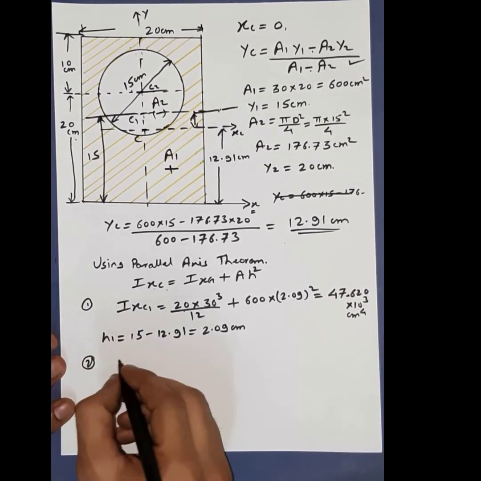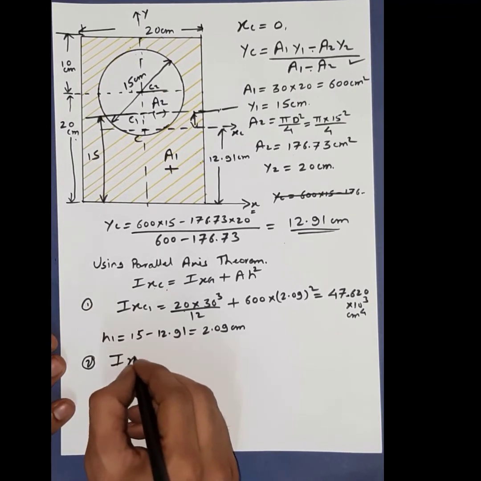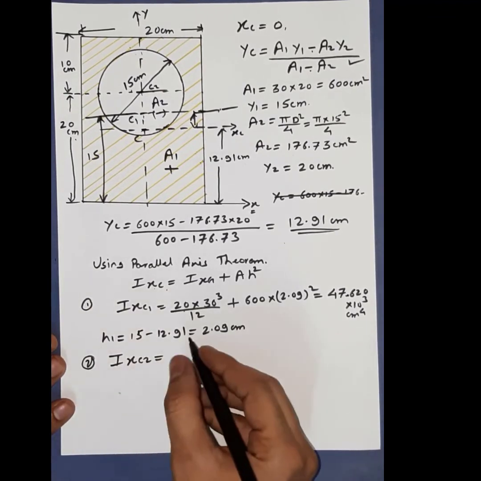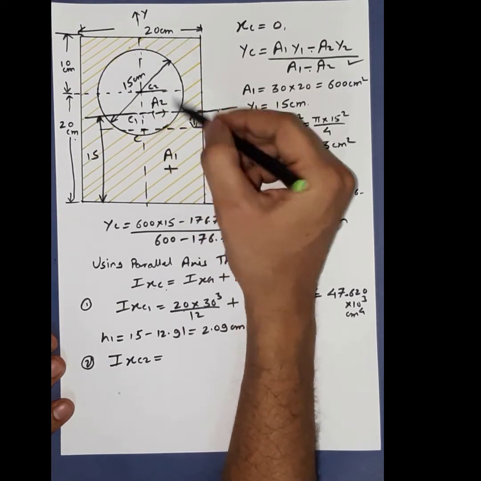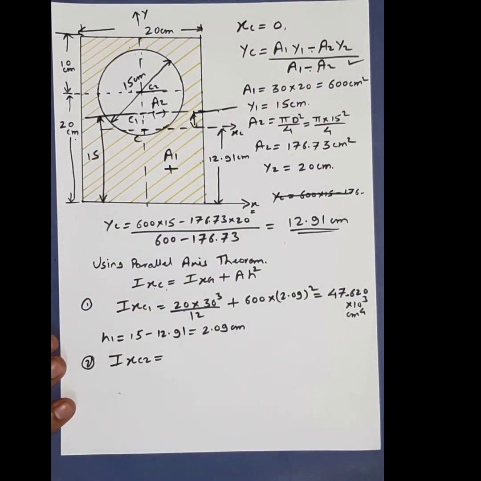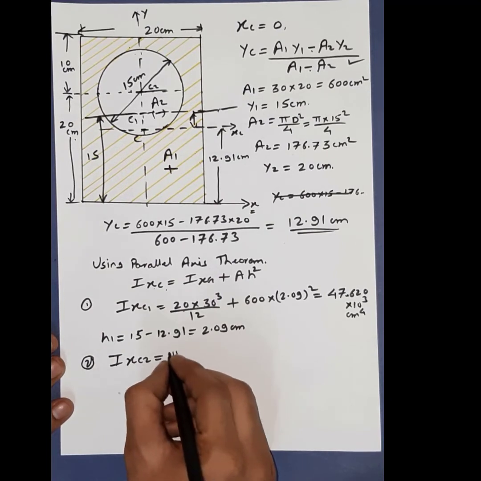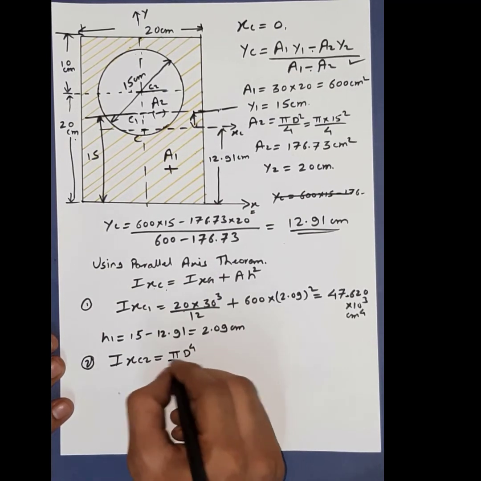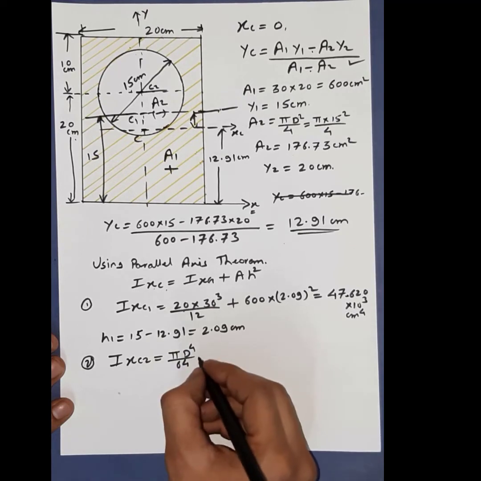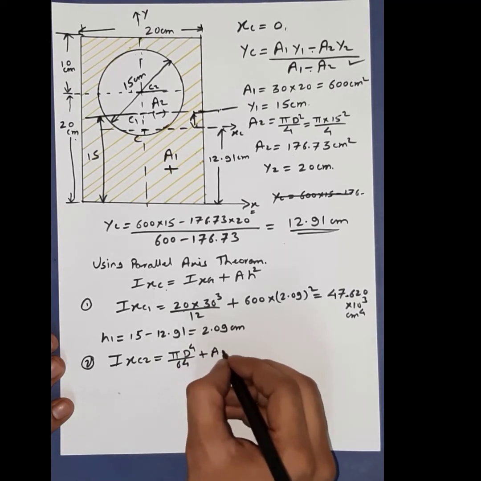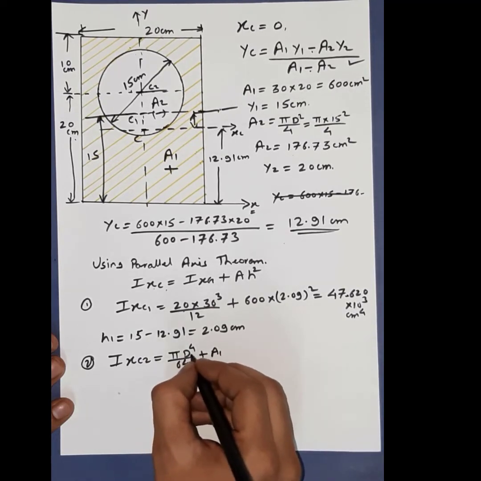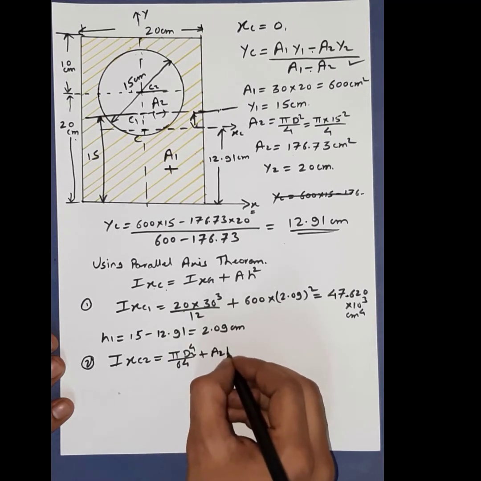Similarly for the second figure, Ixc2 for the circle, the formula for moment of inertia is pi d to the power 4 by 64, plus A2 h2 square.